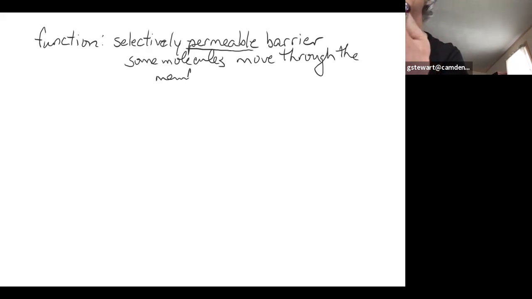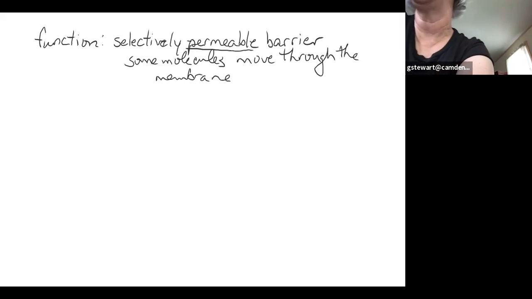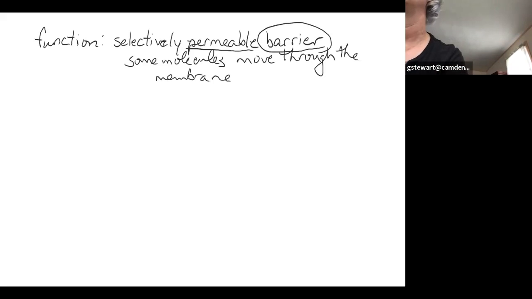The ones that can't, right, that's why we're saying it's selective. Not every molecule can move through the membrane. And it is the barrier to the cell, right? It's the edge of the boundary of the cell. It's the edge of the yard, the edge of the body of water, whatever you want to think of it. It's what delineates a single cell from all other cells, okay?